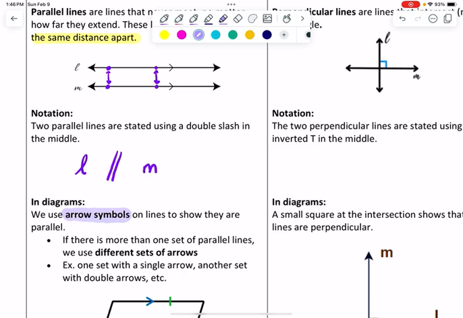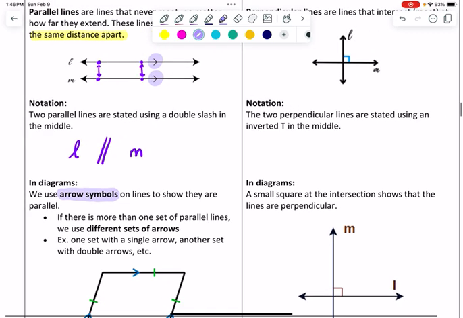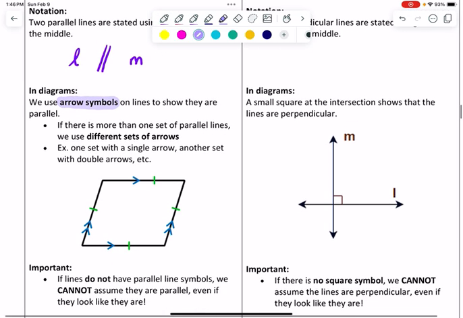And those extra arrow symbols actually go in the middle, not on the endpoints, but somewhere on the line. And I use the same little arrow symbol on both lines to show that they are parallel to each other. Just like tick marks, if I had more than one pair of lines that were parallel, I'd have to make sure my notation's a little bit different.